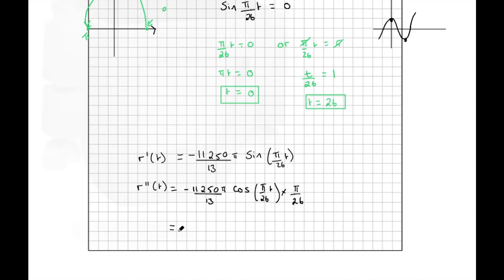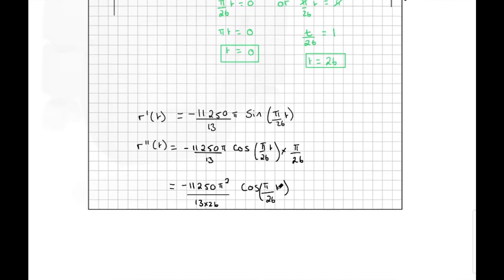So when I differentiate that for the second time, I'm going to get minus 11250 pi squared, and then I'm going to have 13 by 26 on the bottom here, cos(pi over 26 t). Now, what I need to do is figure out which one gives me the maximum and which one gives me the minimum.